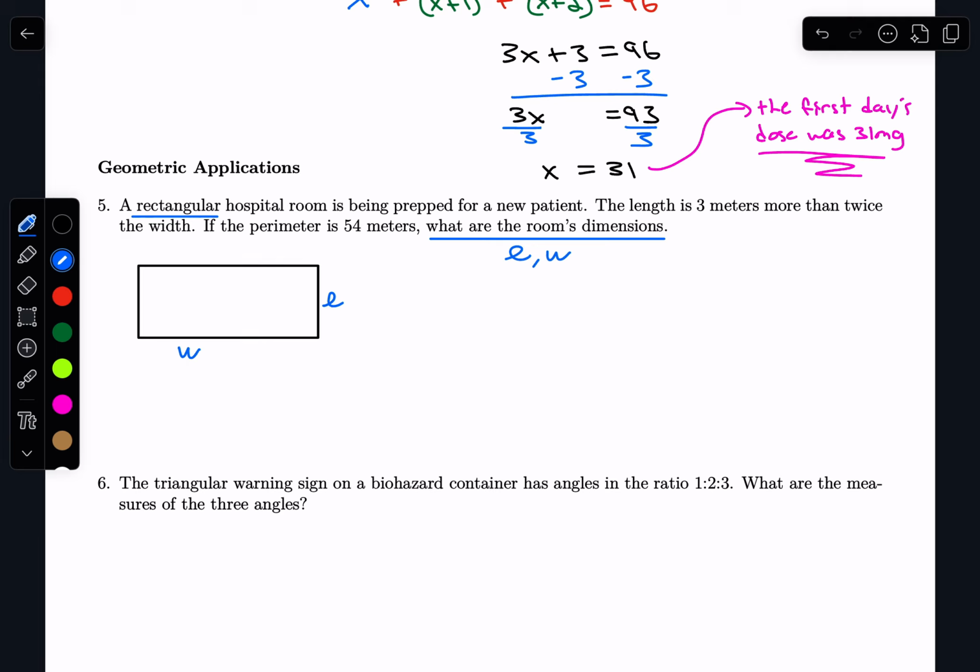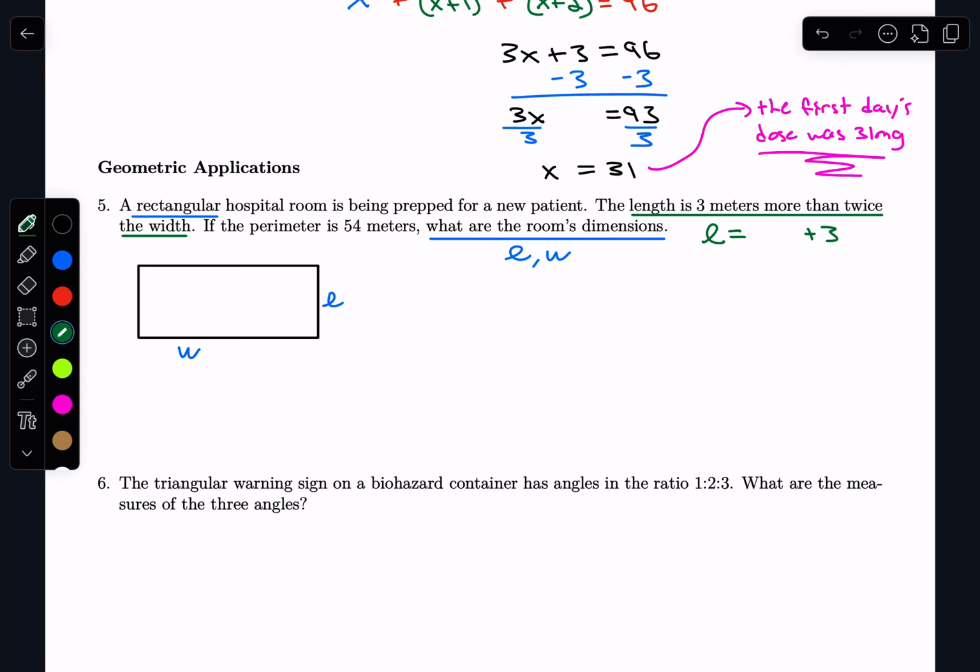So we have in the middle line that the length is 3 meters more than twice the width. So we're going to turn that into an equation. It says length is, that's going to tell me L equals. Okay, remember, is means equals, and we already said the length is L. So we have L equals 3 meters more means I'm going to be adding 3 in the back.